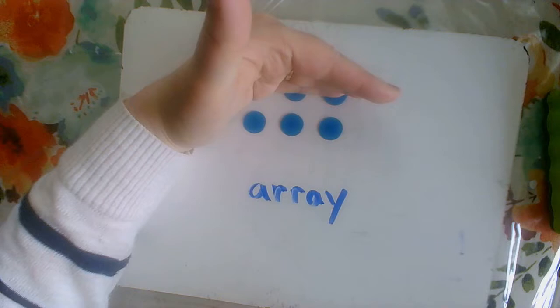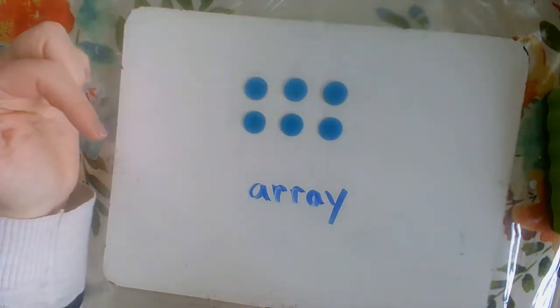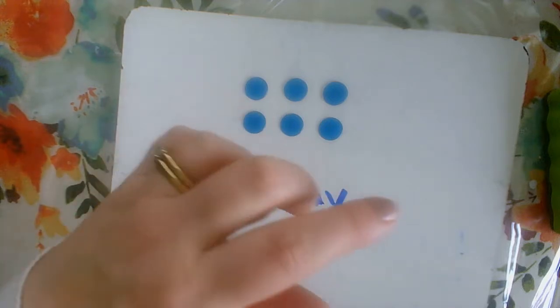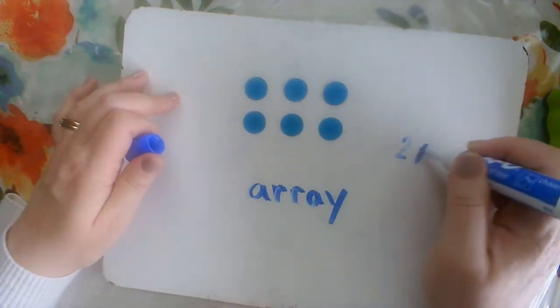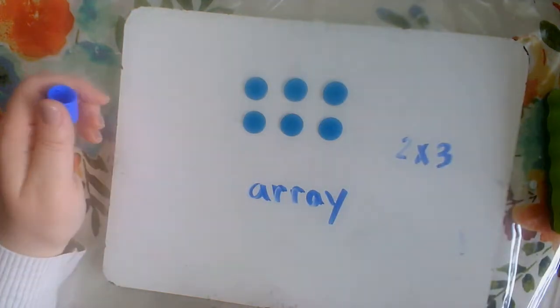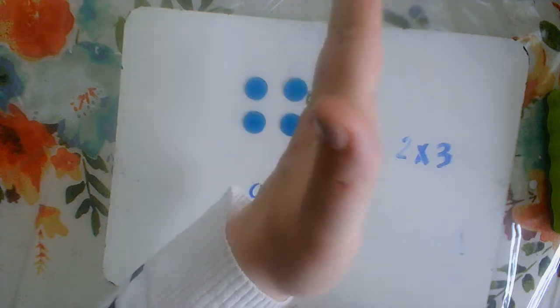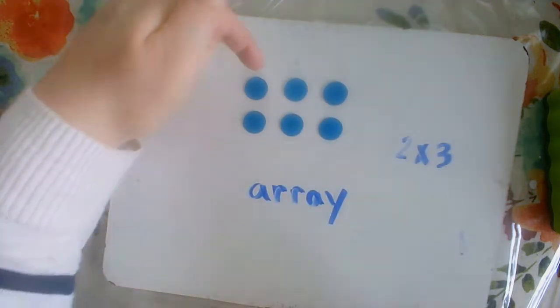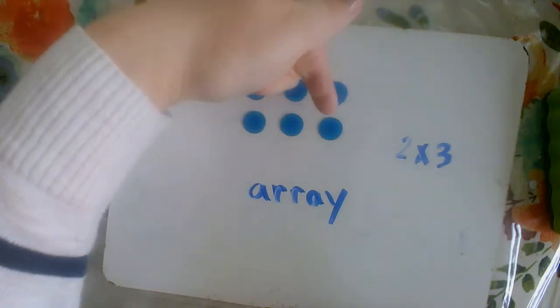In this one, we see there are two rows. 1, 2. 2 rows of 3. That's the same as 2 groups of 3, isn't it? It's just that our groups are arranged in rows. But we can also look at the columns. We can look at the lines coming down. And so I have a column here, and another one here, and another one here.